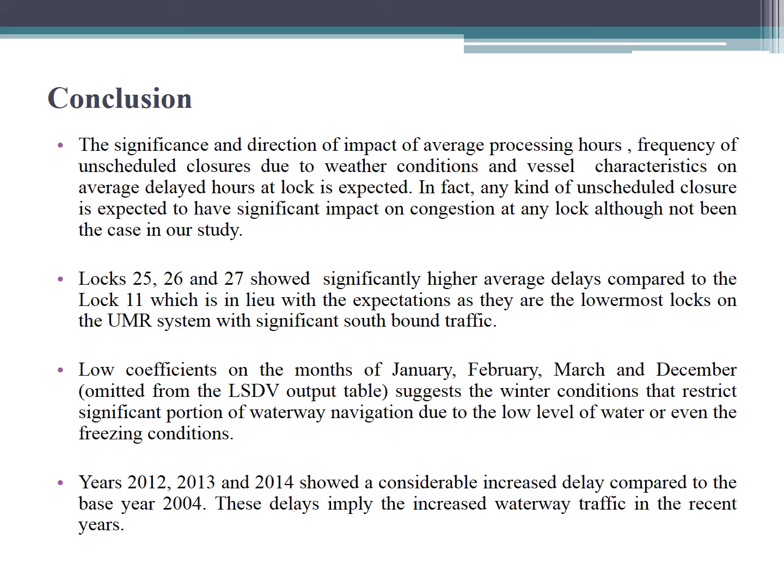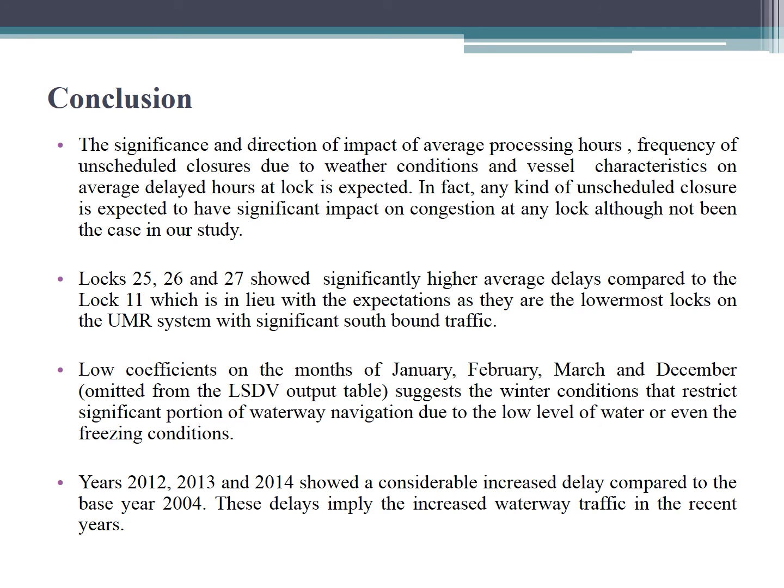So what we conclude from the regression output from the LSTB estimation approach is that the average processing hours and frequency of unscheduled closures due to weather conditions and vessel characteristics showed significant impact on the average delay, and the direction of the impact was as expected.